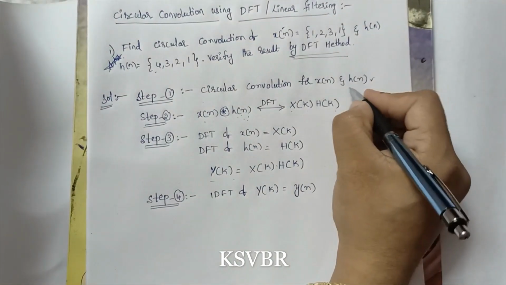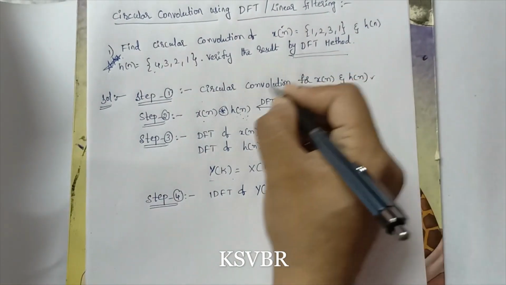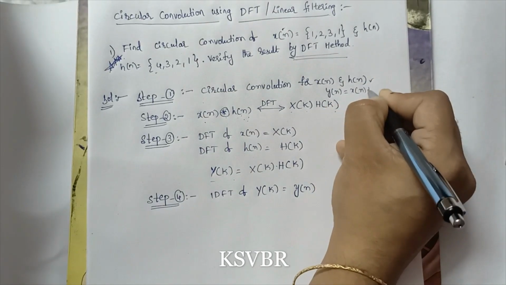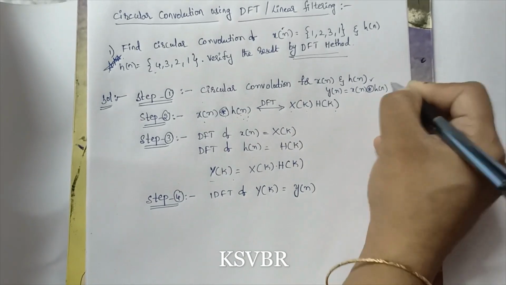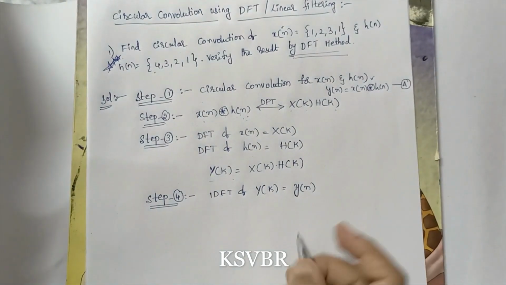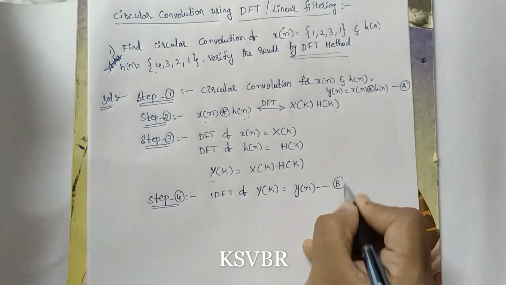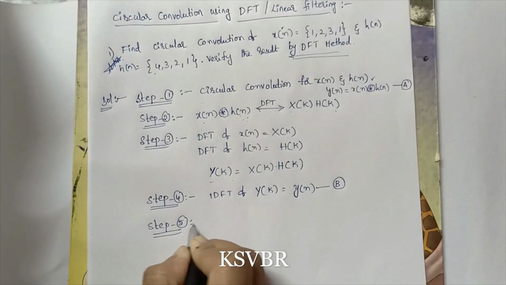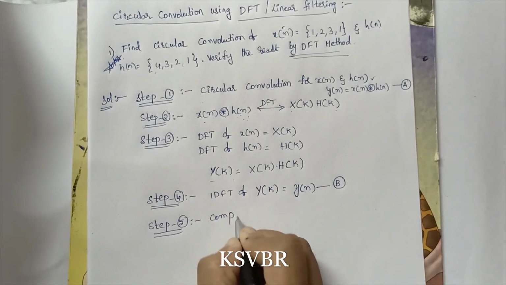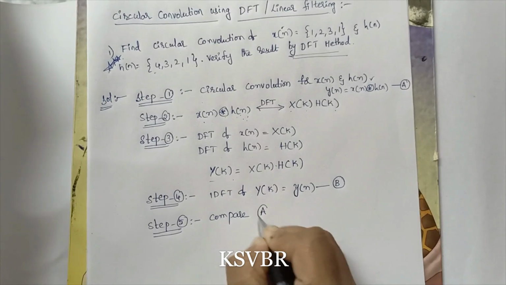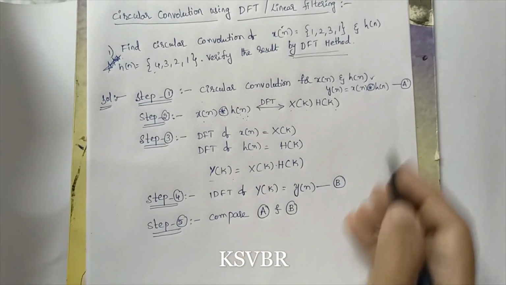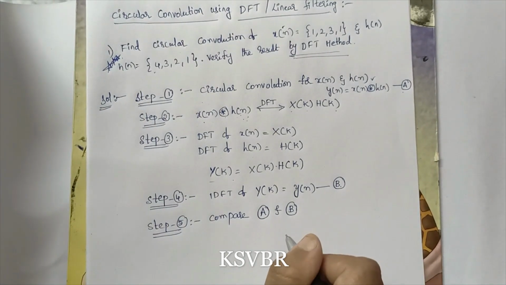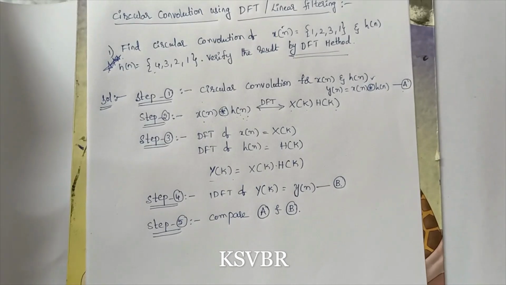So the result from step 1, here I will write, y of n is equal to x of n circularly convolved with h of n. This is equation A and this is equation B. In step 5 we have to compare equation A and equation B. Definitely equation A and equation B must be the same, then only our circular convolution is verified.